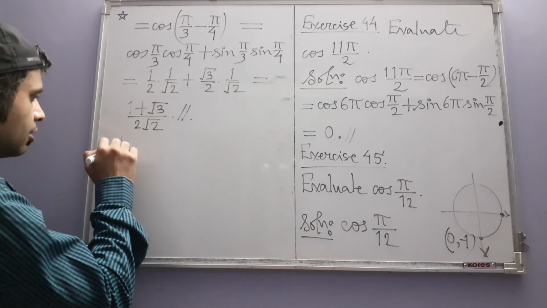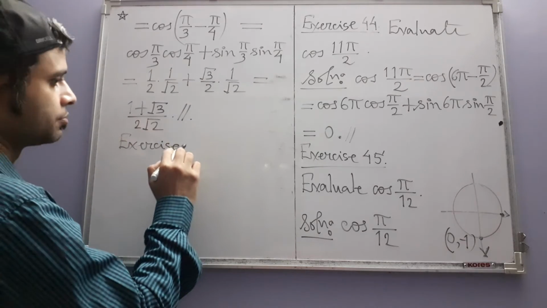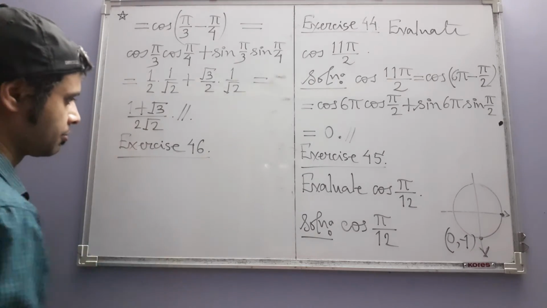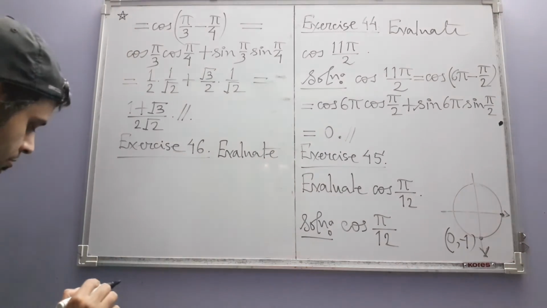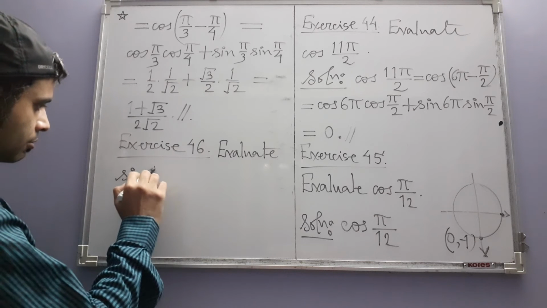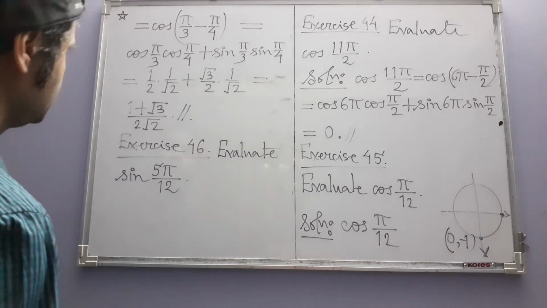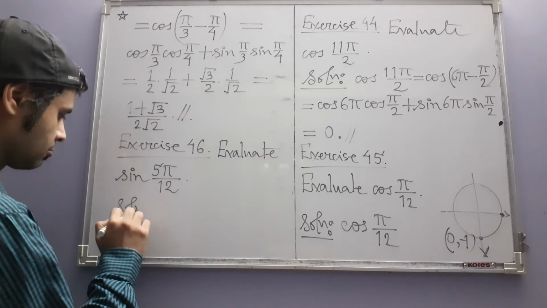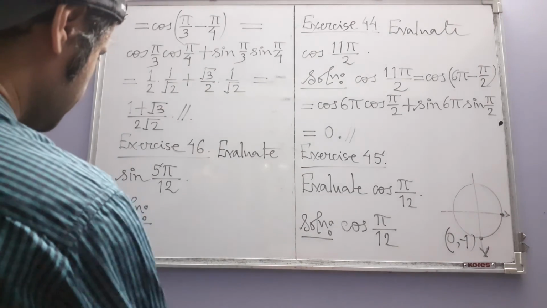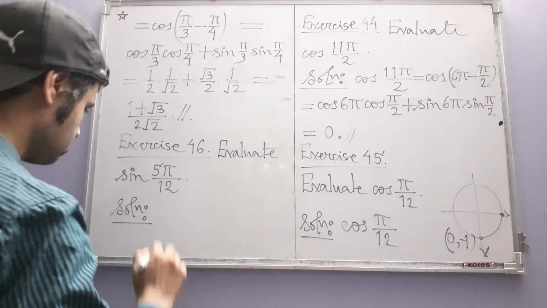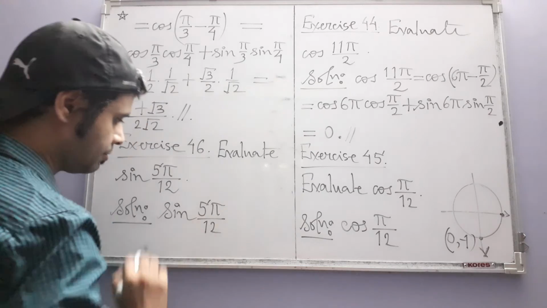And finally, let's just solve one more. Sin 5 pi over 12. Sin 5 pi over 12 can be written like this.